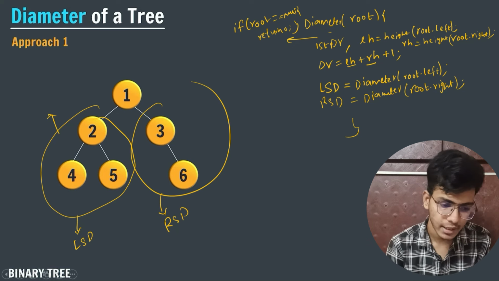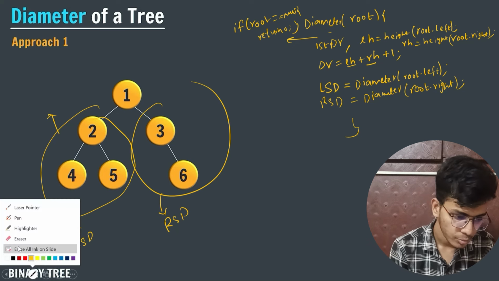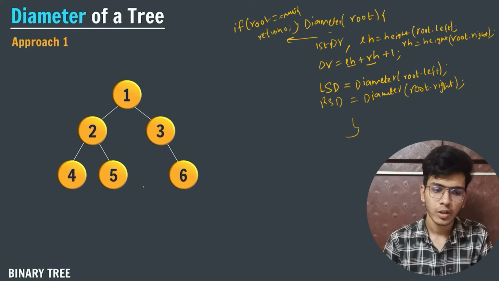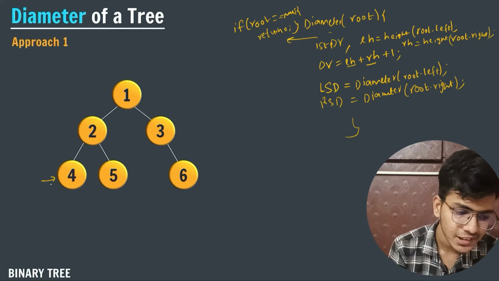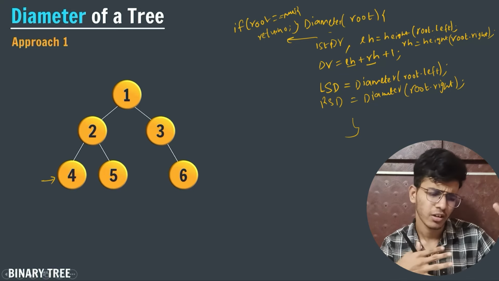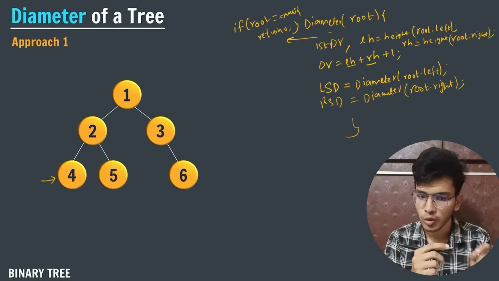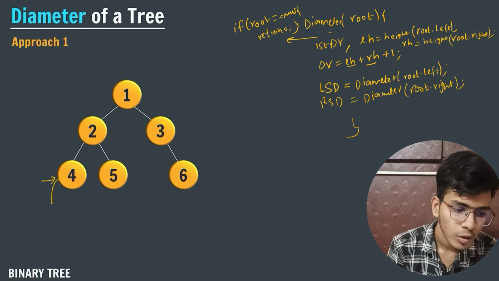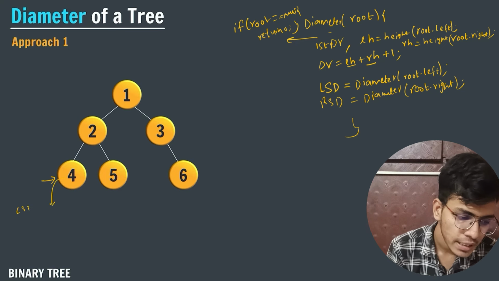Now let us do a dry run. Let us say I am taking the 4th node, so in my function calling I am at the 4th node. First of all it will calculate the left subtree diameter.